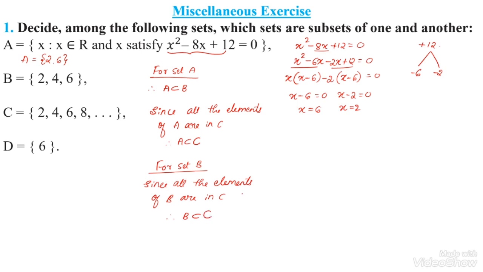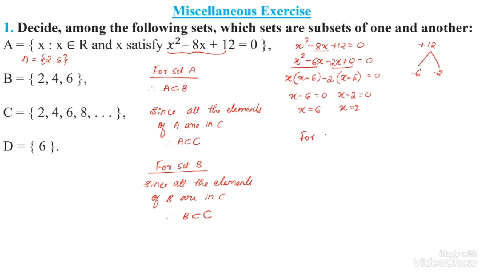Okay, done. Now C is the largest set. According to the 4 sets, C is the largest set. Therefore, it is not a subset of any set.